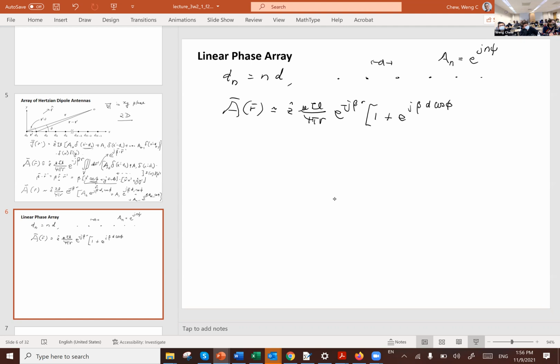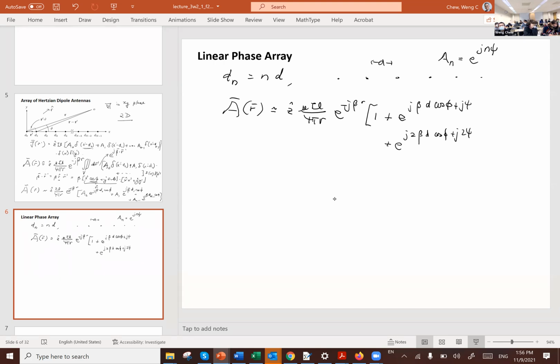If you were to plug in and put in the proper thing, the second term should be something like this, plus j psi. The third term should be something like plus e to the j 2 beta d cosine phi plus j 2 psi.